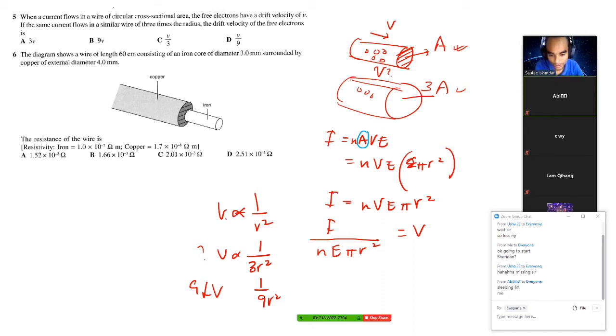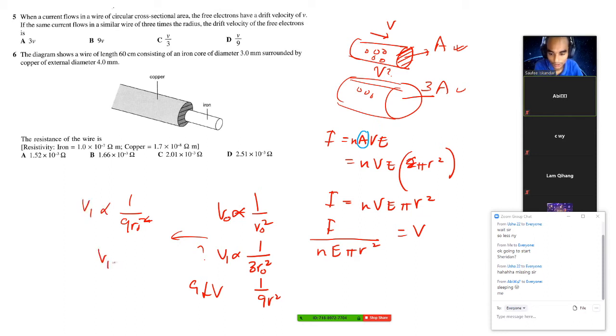Let's say this one is v naught with r naught, and this is v1 with r naught changed. We can change it into 1 over 9 r naught squared, with r naught squared still, the number is 9.